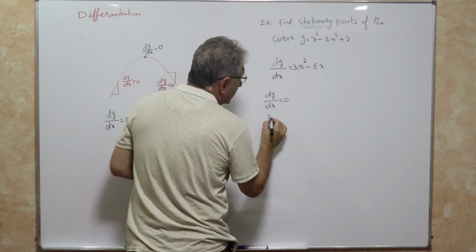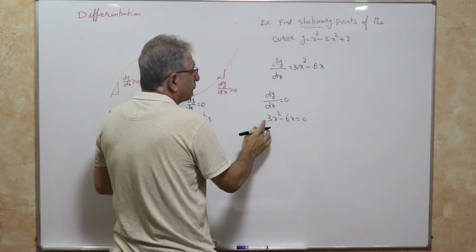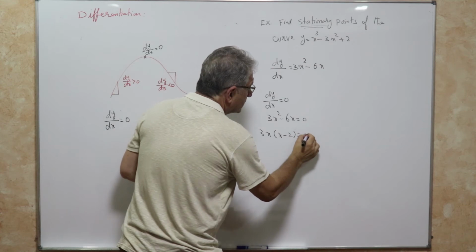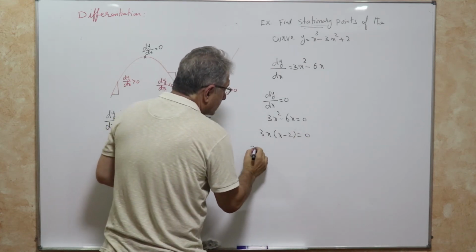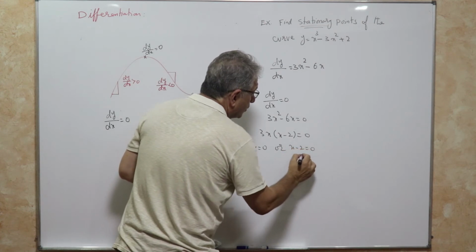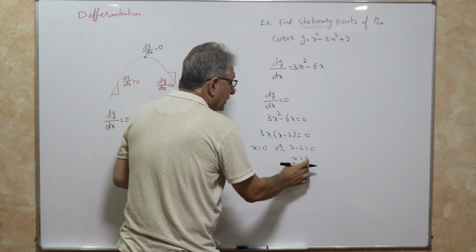That means 3x squared minus 6x should be 0. We can factorize 3x, and we get x minus 2 here, equal to 0. Therefore either x is equal to 0 or x minus 2 is equal to 0, so x is equal to 2. Therefore you got x equal to 0 and x equal to 2.